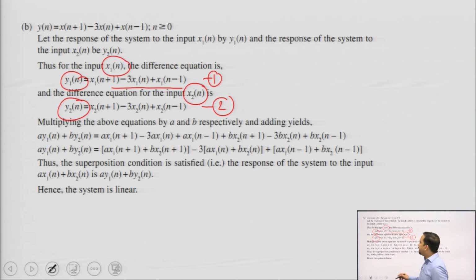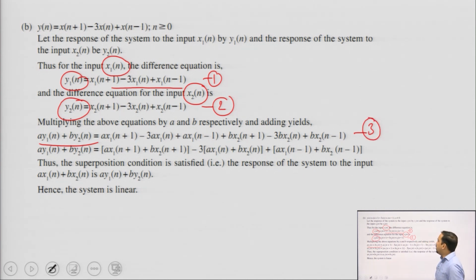So, what we are getting here is A multiplied by y1[n], B multiplied by y2[n] to the left, plus A multiplied by these whole factors, similarly plus B multiplied by these whole factors, and we perform the addition. So, we are getting here equation number 3.